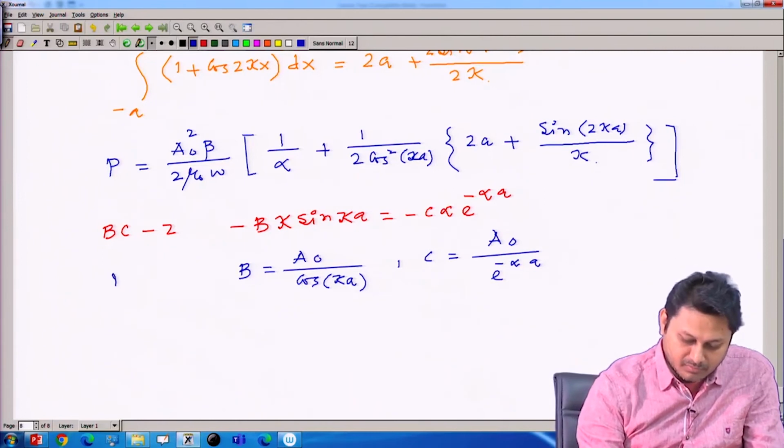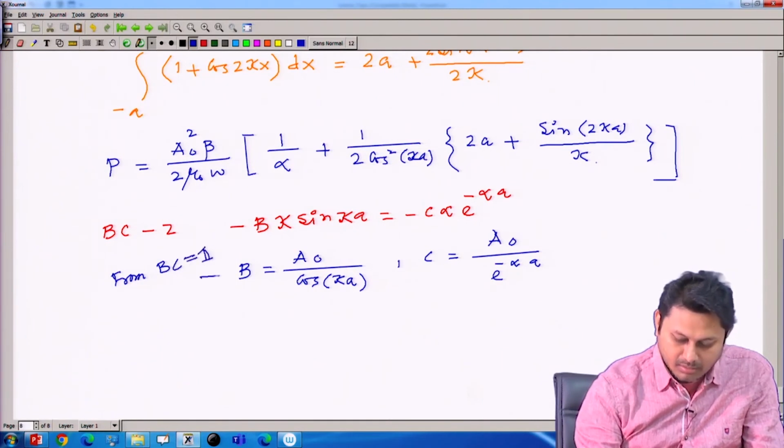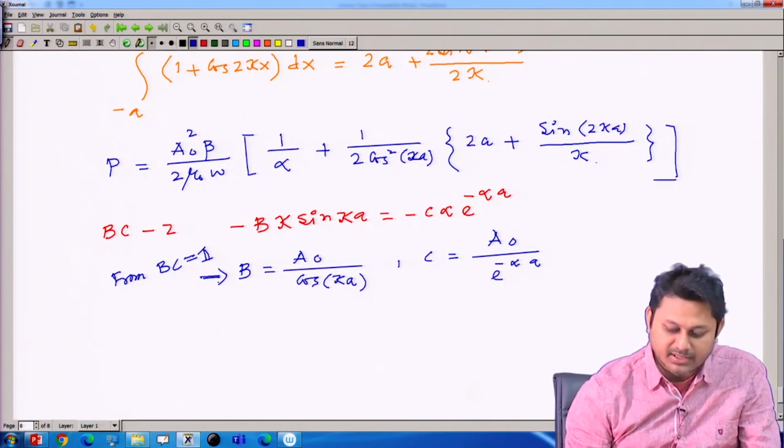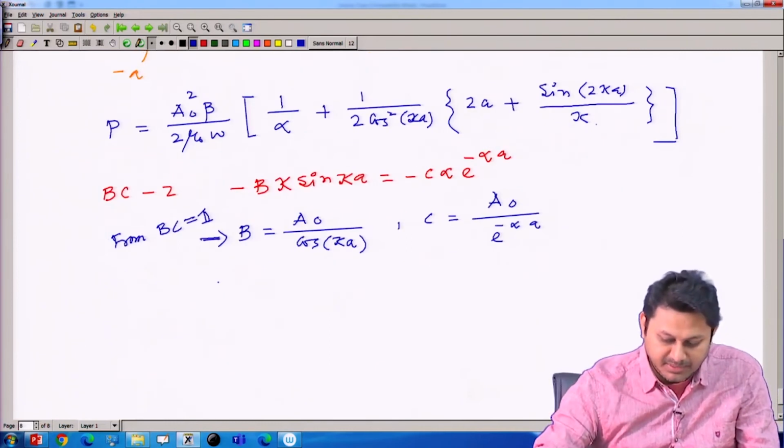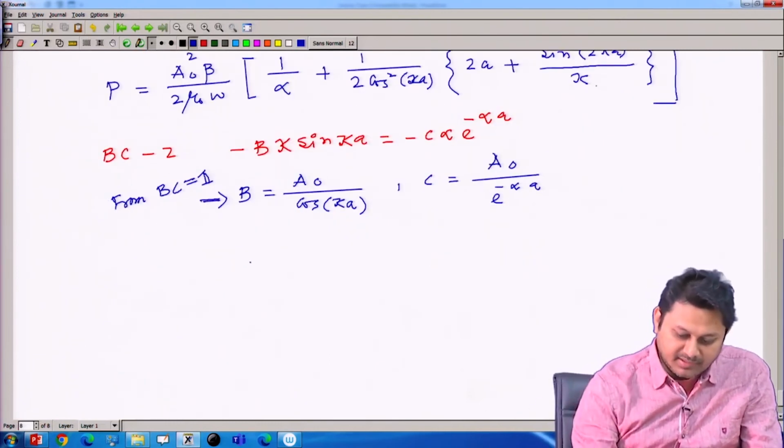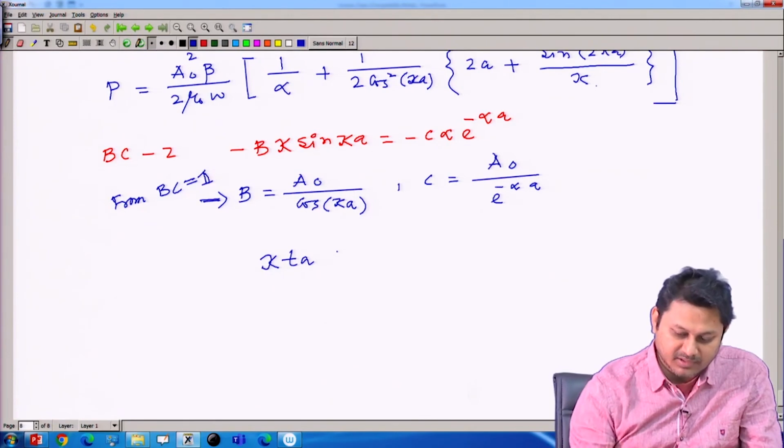So, from BC 1 I already have this quantity, the value of A and B and C. If I put this, I simply have kappa, A0 will cancel out, minus minus will cancel out.